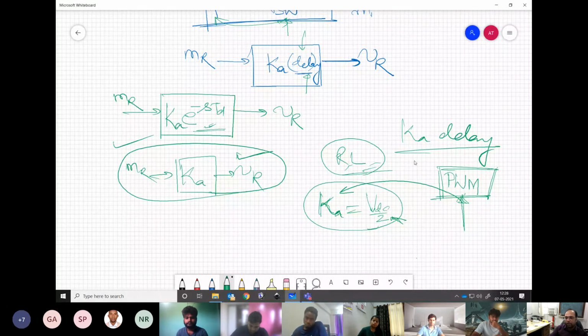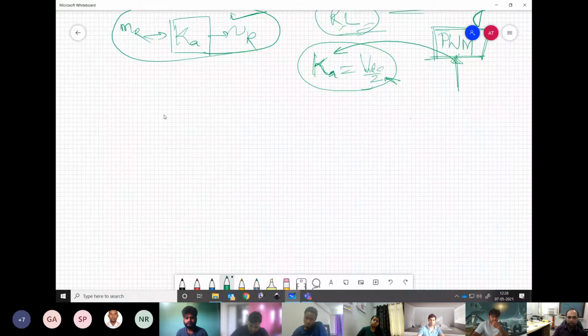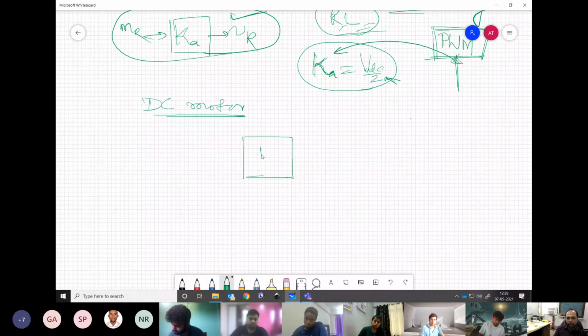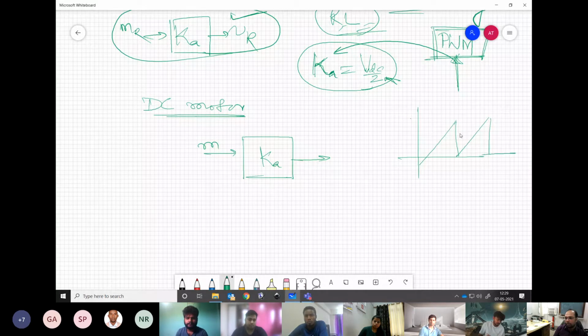Same is correct when we go for our DC-DC converter or DC motor control also. There also we have seen that we are modeling our converter as a gain, K. Again, in terms of control system, we have some input signal going. There also we have some M or some reference voltage getting compared against this kind of carrier, a sawtooth carrier.